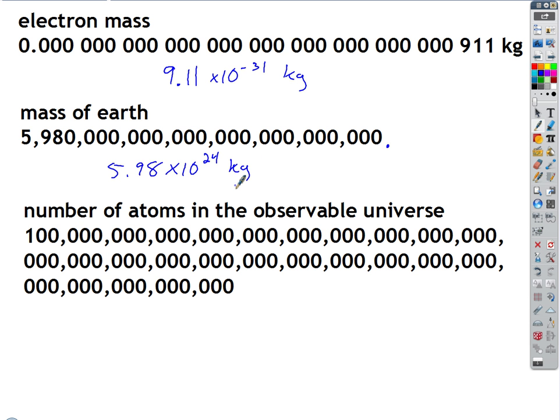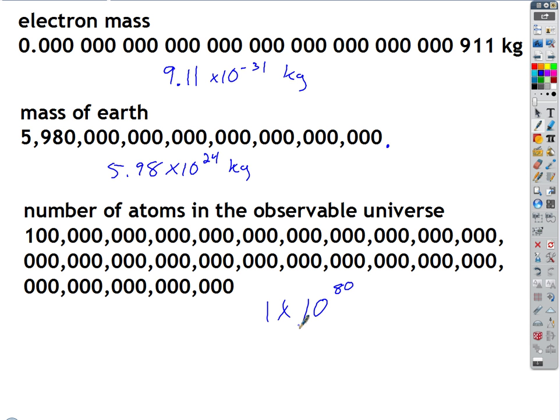And I don't know if I did this right or not. You can count, but it should be about 10 to the 80. If I write that as 10 to the 80, is that scientific notation? Arguably, I was kind of lazy about it, but if I were to write it exactly as scientific notation, what would I have to add? 1 times 10 to the 80.